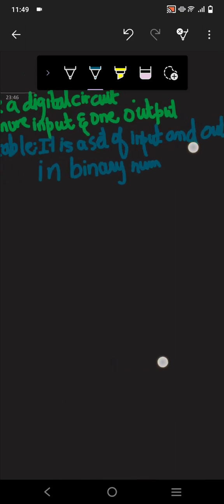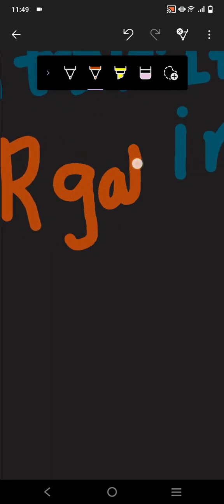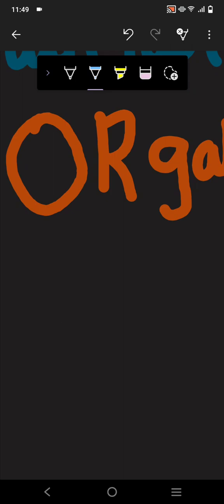So first of all, we're going to discuss the OR gate. It is a logic gate. If I make the diagram of the OR gate, it will be like this.